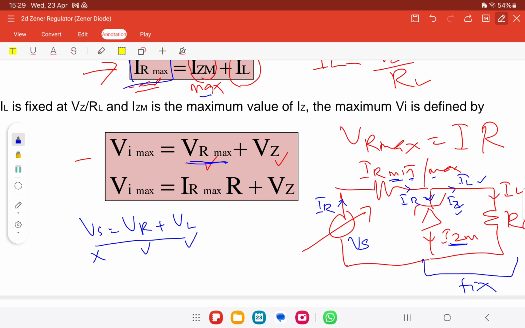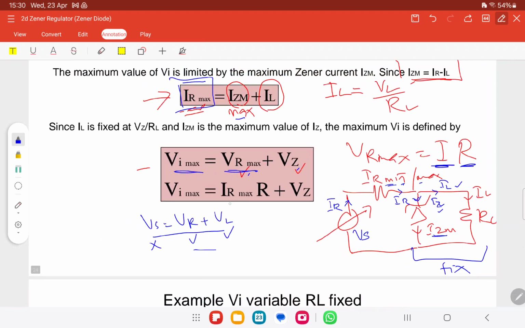It can be either min or max, it can have two values. That is why we calculate using the values at the back. So VR max comes from IR, which we already have, and R is given, so you can get the value of VR max. VZ is also given, and then we can get VI. This one is IR max multiplied by R.